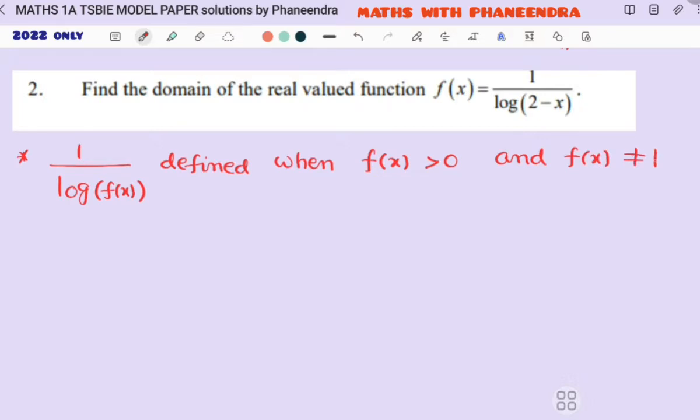Sir, why is f of x not equal to 1? Suppose f of x equals 1, log 1 is 0, anything by 0 is infinity, we cannot define.